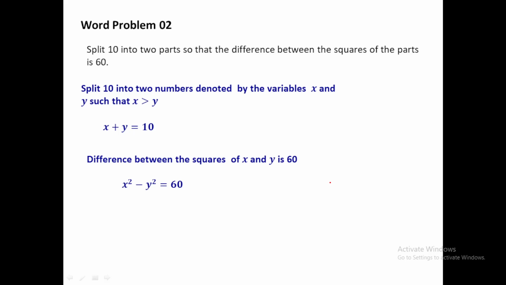Then can we solve? Yes. x squared minus y squared, we know the algebraic formula, is (x plus y) times (x minus y). Let's substitute that formula. And x plus y, we know, is 10, so we substitute the 10 over here. Then we divide by 10 on both sides. We get x minus y equal to 6.